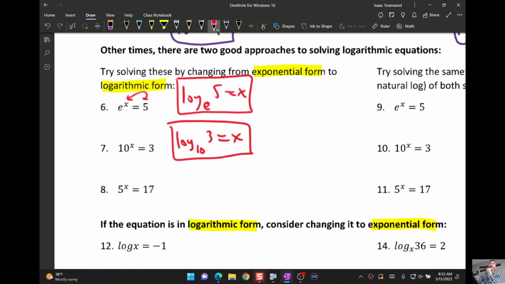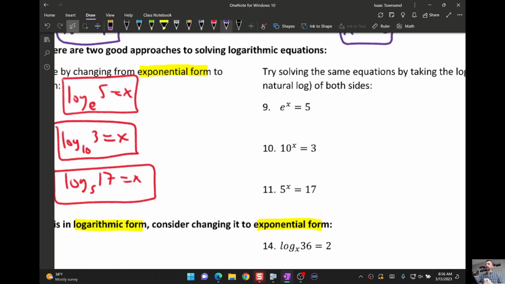Since it says x equals, it has been solved. Exponential form, equivalent logarithmic form, x equals, so it has been solved. So you'll have a few questions that will be that straightforward as well. All you have to do is switch it from exponential form to logarithmic form, and then you can be finished.